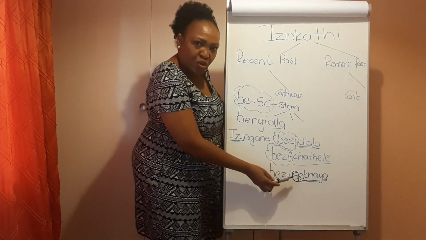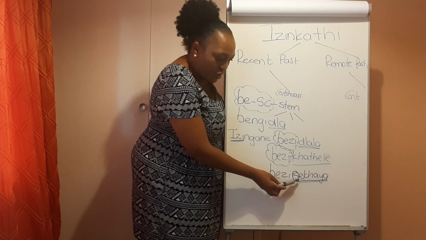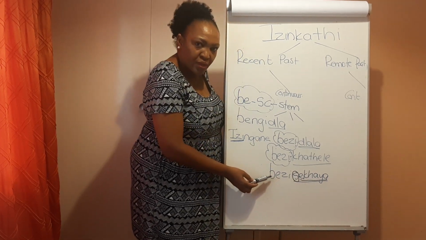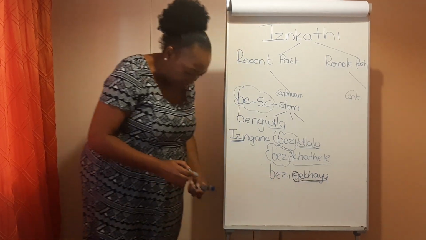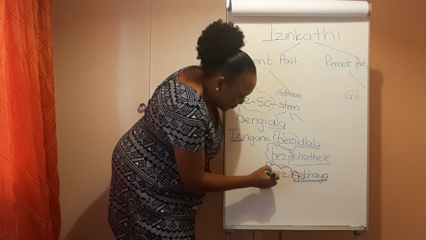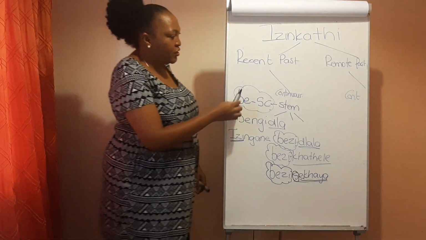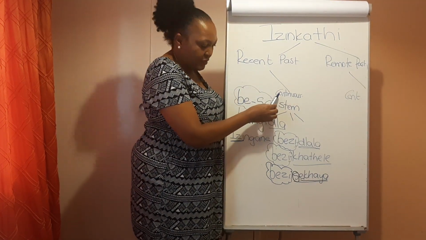We call it a prelocative prefix. You use that prelocative prefix to separate your locative from your prefix. So this is how you would construct your basic recent continuous tense.